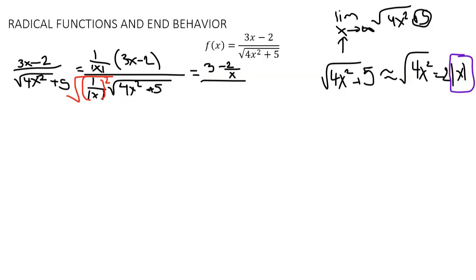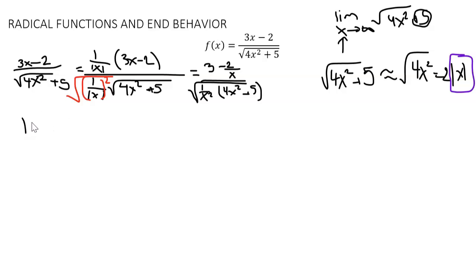So now what we're looking at in our denominator is the square root of 1 over x squared, and we can drop the absolute value because the absolute value of x squared is x squared, times 4x squared plus 5. So as you can see, I have essentially turned this into a rational expression that's equivalent to the original.